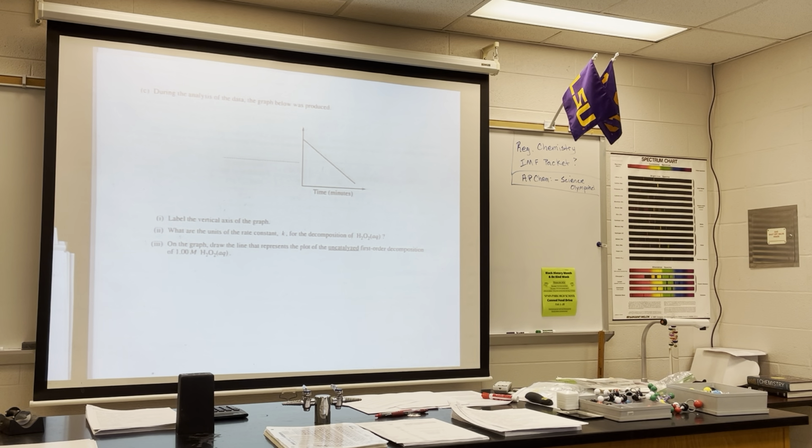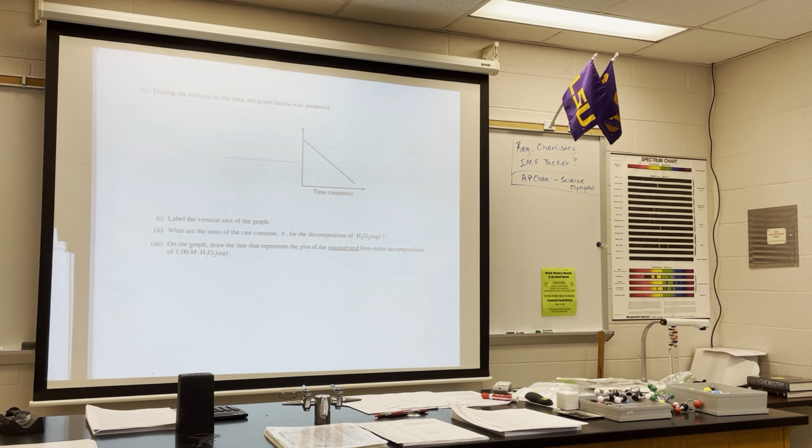In a first order reaction, that's what's going to be on the y-axis. If it was second order, what would go on that y-axis? 1 over the concentration of H2O2. So don't just go generic on the x. Use the reactants that are given in the data.